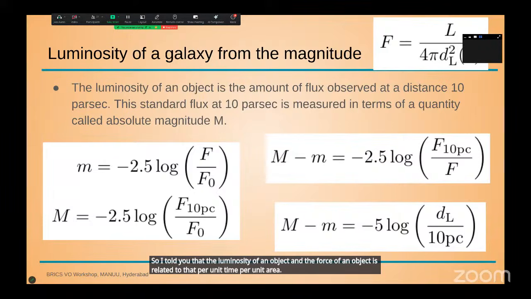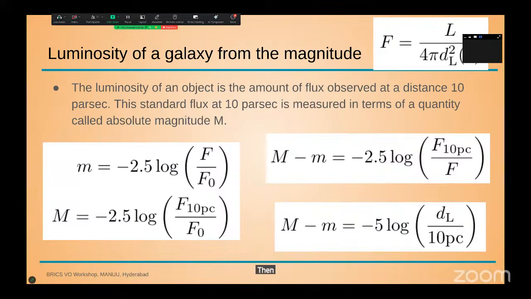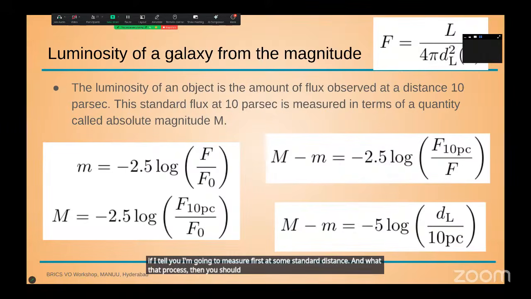So in order to get the luminosity, if I told you I am at a fixed distance, then whatever flux I measure can be related to the luminosity, right? If I tell you I am going to measure a flux at some standard distance and what that flux is, then you should be able to tell what the actual energy per unit time emitted is.